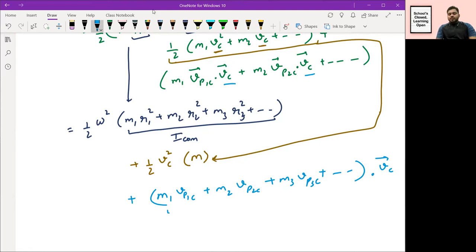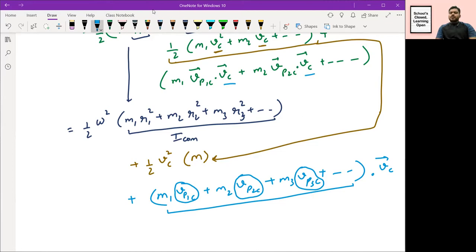Now this complete term, what is it? If we look closely, this is velocity of p1 with respect to center of mass, velocity of p2 with respect to center of mass, velocity of p3 with respect to center of mass, and so on. So all these are velocities of particles with respect to center of mass, right?